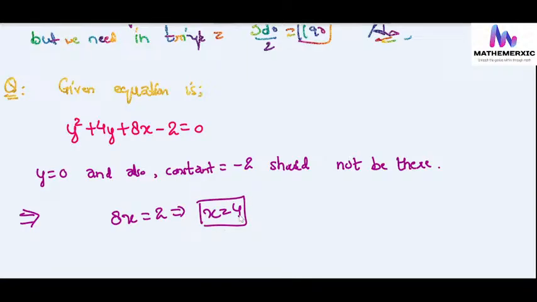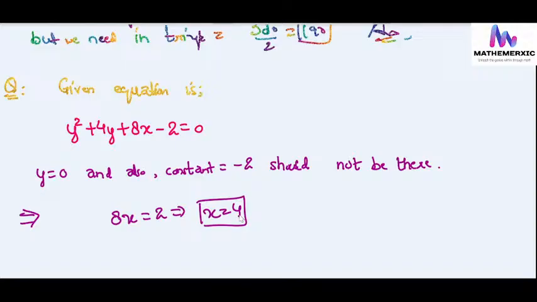And minus 2 we don't require. So we have to think. I am able to reach till here, that is x equal to 1 by 4. What further I can do, that we have to think.